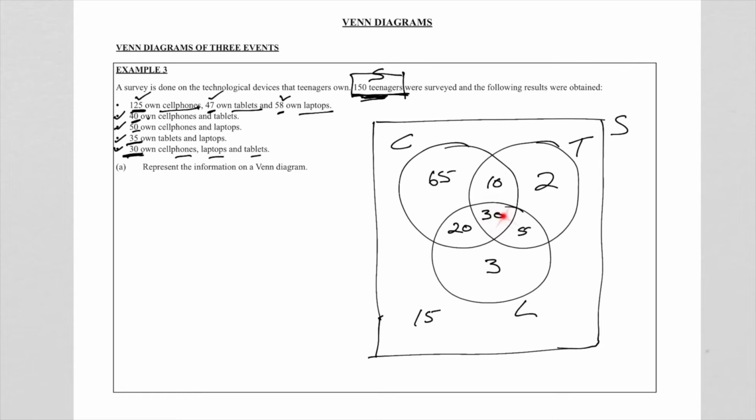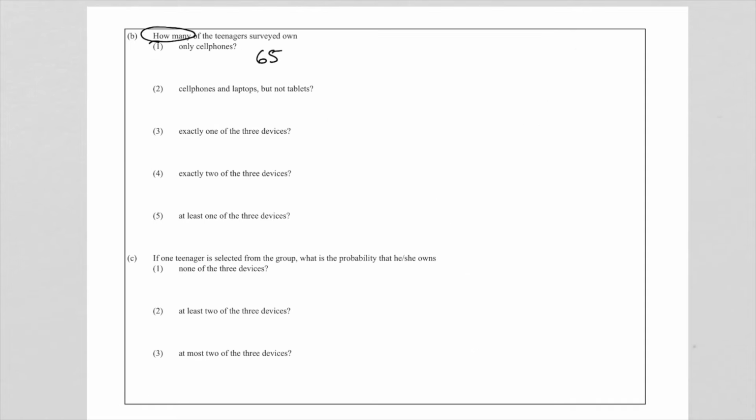This is part of cell phones and laptops, but that is also part of tablets. And the question was cell phones and laptops, but no tablets. And I hope you agree with me, our answer will be 20. So if I go back, then I can say that this one must be 20. It's cell phones and laptops, but no tablets.